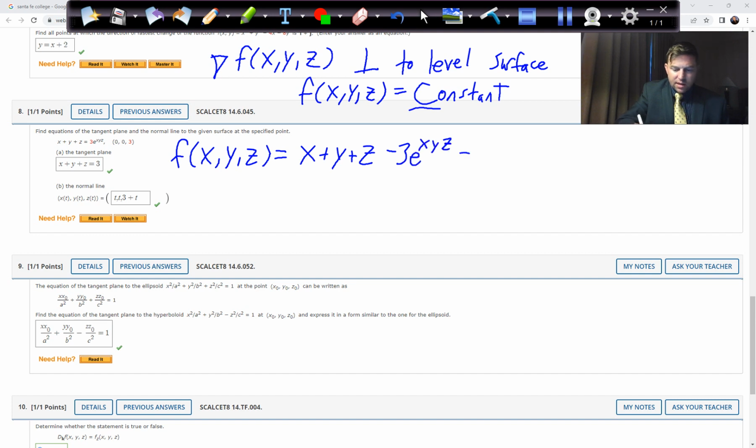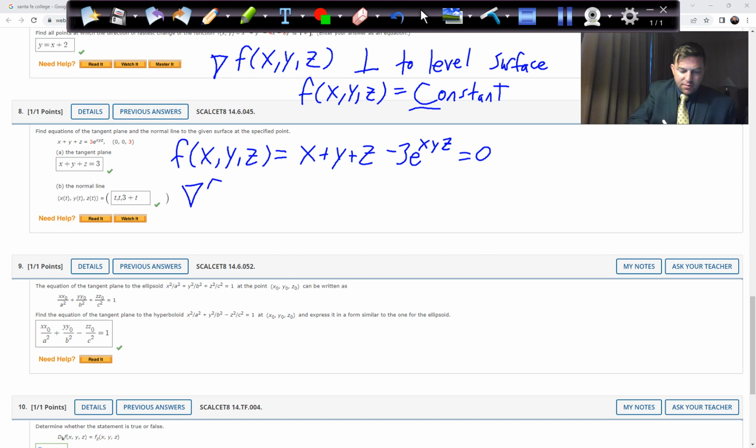And when I subtract that, 3e to the xyz, the right hand side is 0. So this function is equal to a constant. That constant is 0. And so our function is really going to be x plus y plus z minus the 3e to the xyz. And now we just have to find the gradient of that.